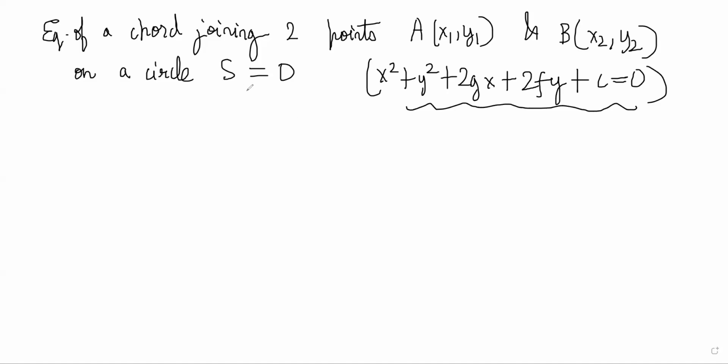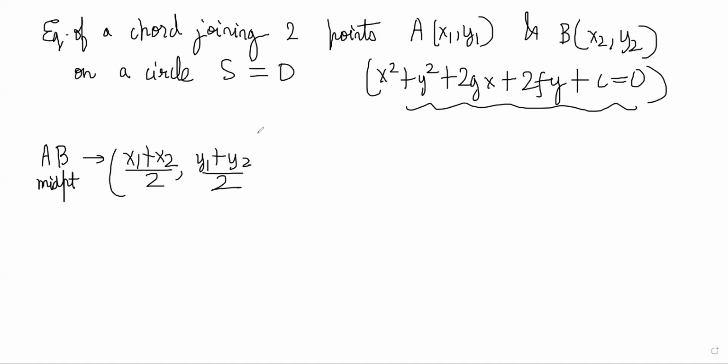Now, the way you can find it is you can first find the midpoint of that chord. So you can say the midpoint of the chord AB is ((x1 + x2)/2, (y1 + y2)/2).